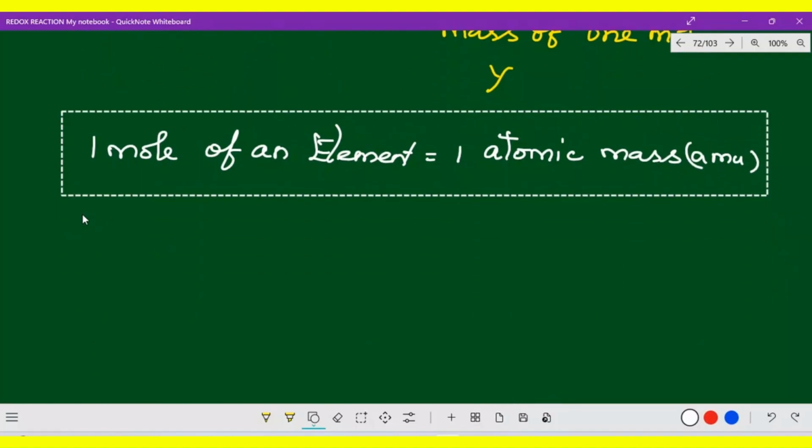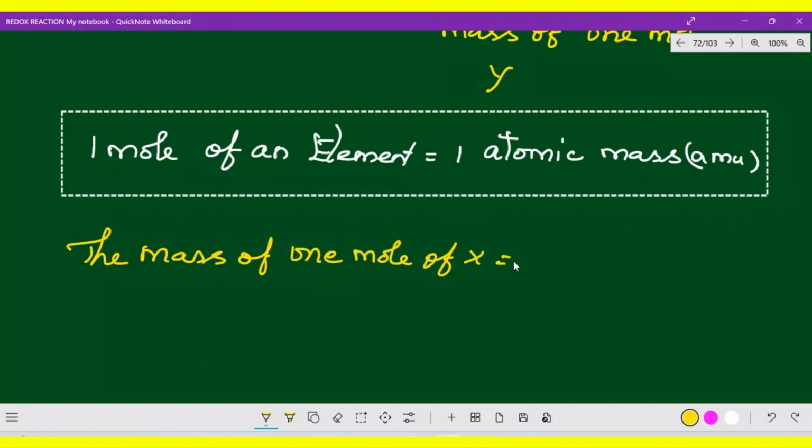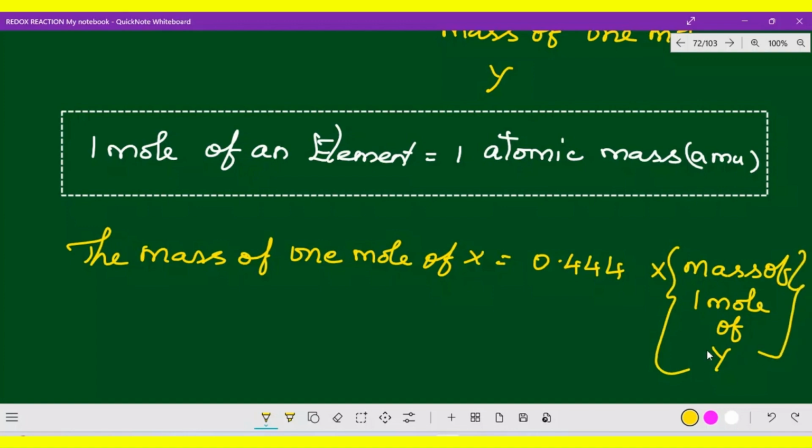Now this is like a puzzle, one by one. So the mass of 1 mole of X equals 0.444 into the mass of 1 mole of Y. The mass of 1 mole of Y we have to identify.